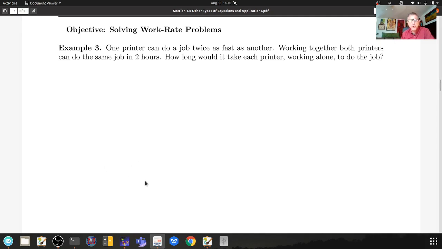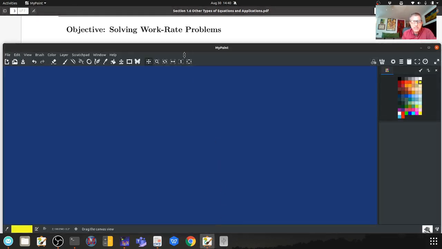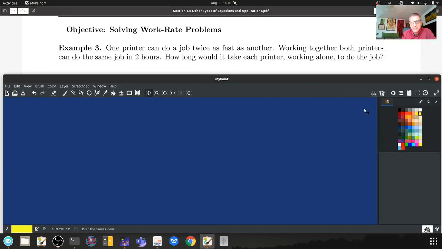So we have a work rate problem. In this case, let's think about what a rate is by looking at some examples. What about this rate? 70 miles per hour.